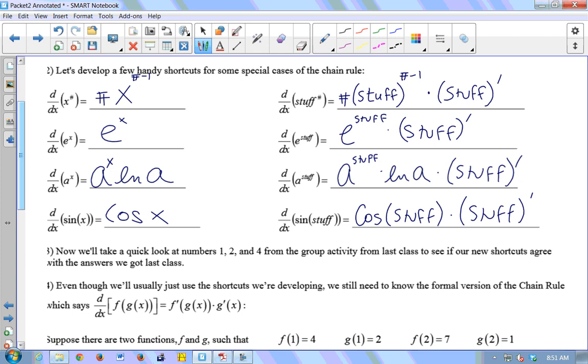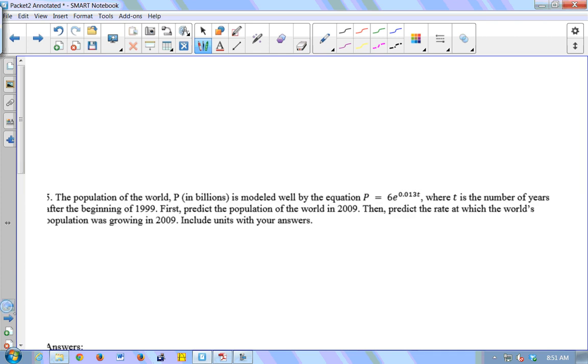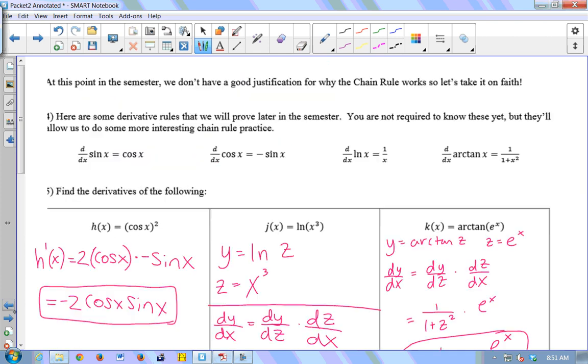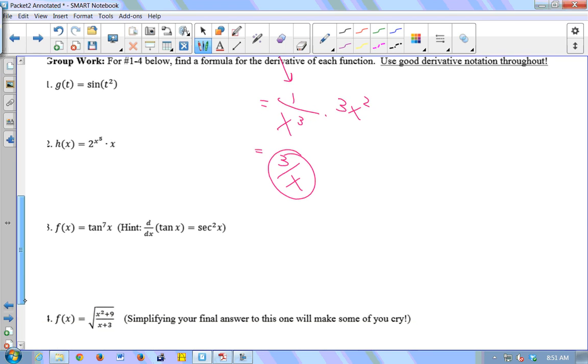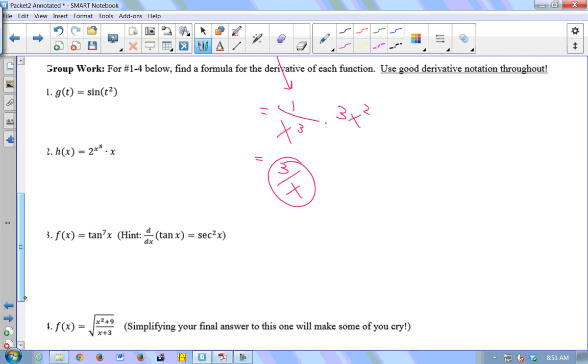Okay, so we want to look at the group activity from last class and see if our new shortcuts agree with the answers we got. So 1 through 4 here. g of t is the sine of t squared.